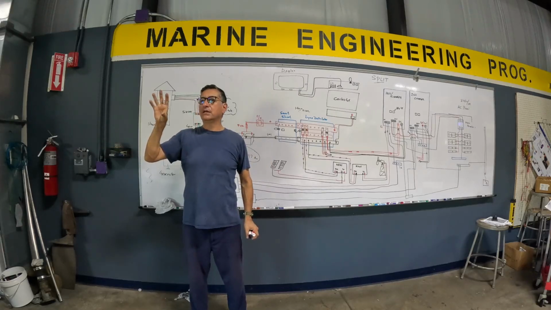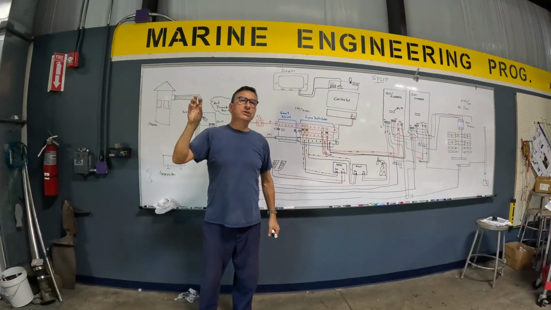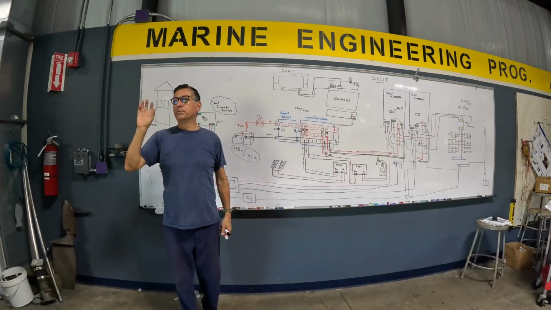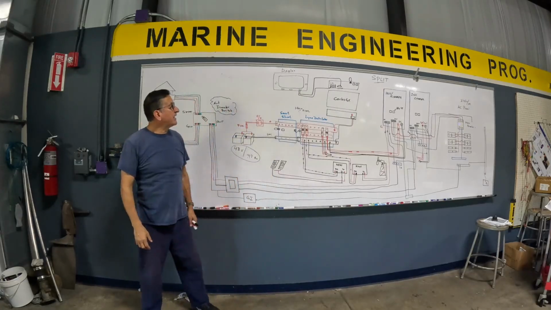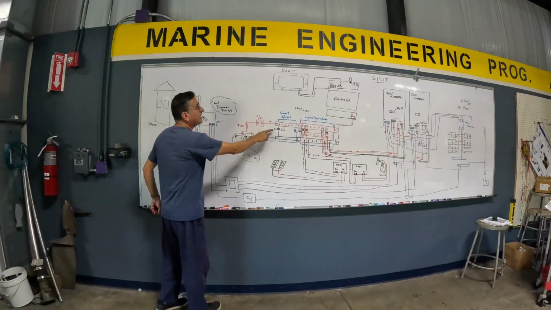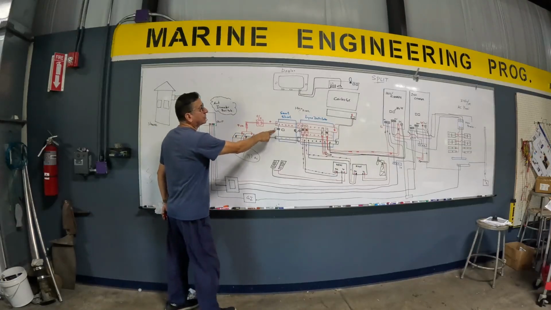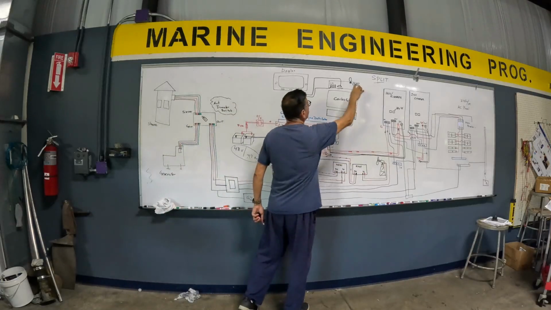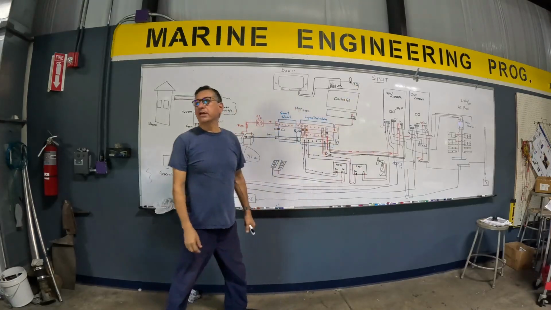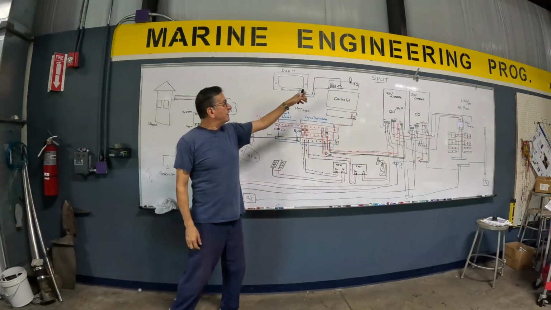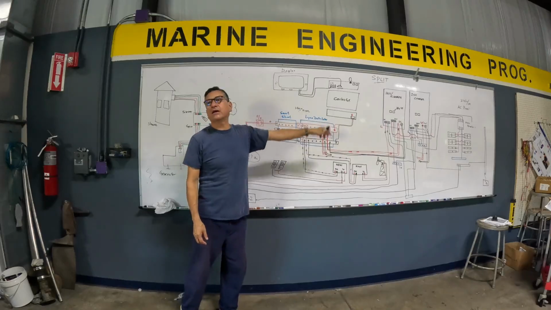What did the display show? Open loop. Simple. Exactly the same. We are going to install a terminal resistor here and another terminal resistor here in the Cerbo GX, because this is the first equipment and this is the last equipment.